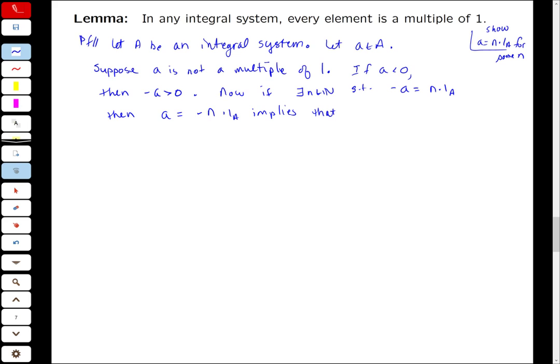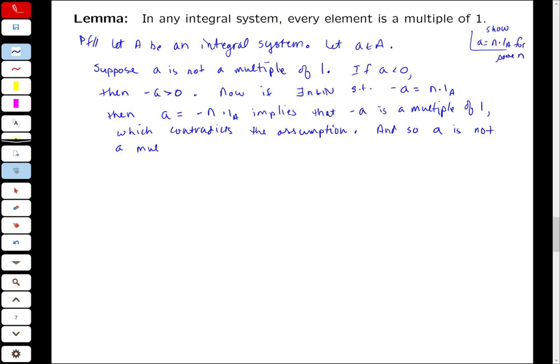That implies that A is a multiple of 1, which contradicts our assumption. So that tells us that minus A is also not a multiple of 1. And the book leaves that whole part out.